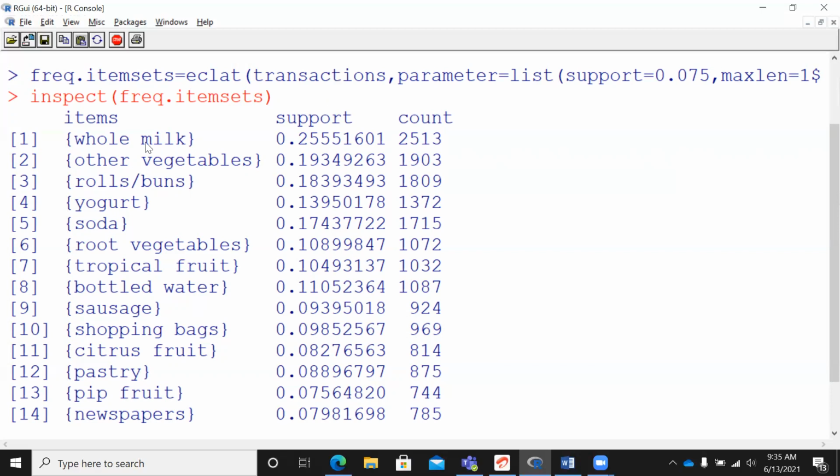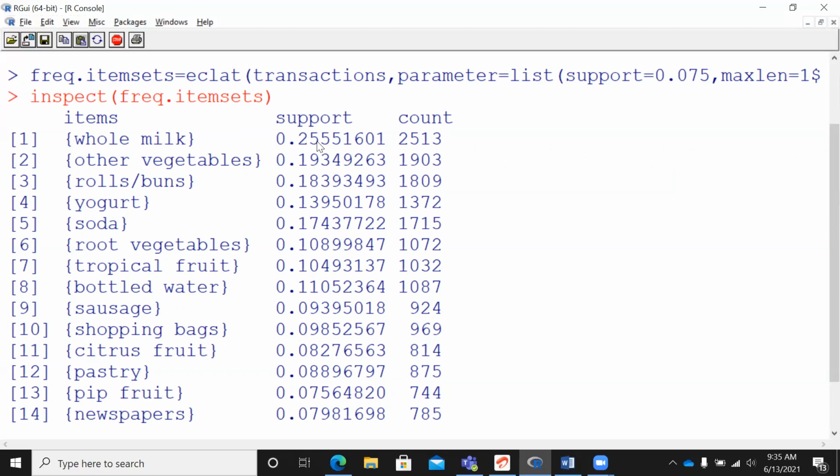You have only one item here, and therefore the support here is not for a set of products, it is for one particular product itself, right? This gives me a high level perspective about which are the items which are sold prominently.